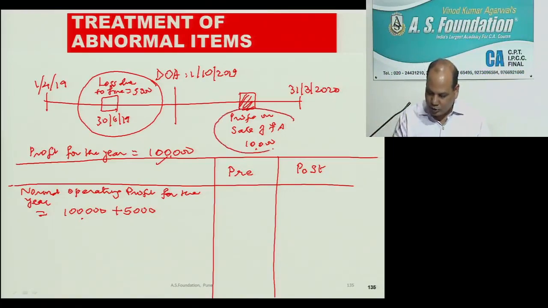And I will reduce 10,000. If this fixed asset would not have been sold, my profit would be lower by 10,000. So my normal profit is 90,000. So remove the effect of these two transactions this way. Do not take 15,000 and then remove.